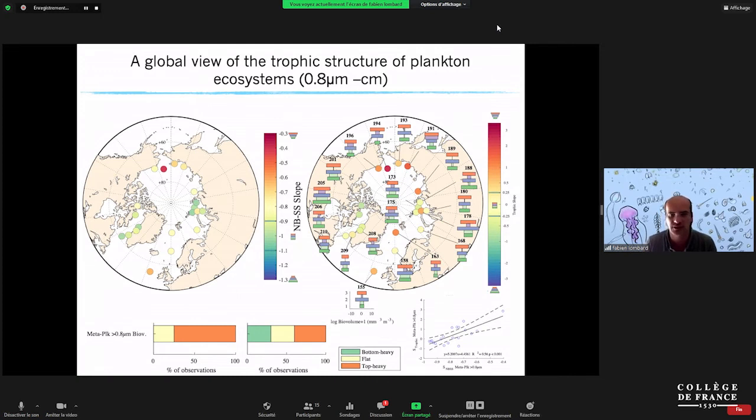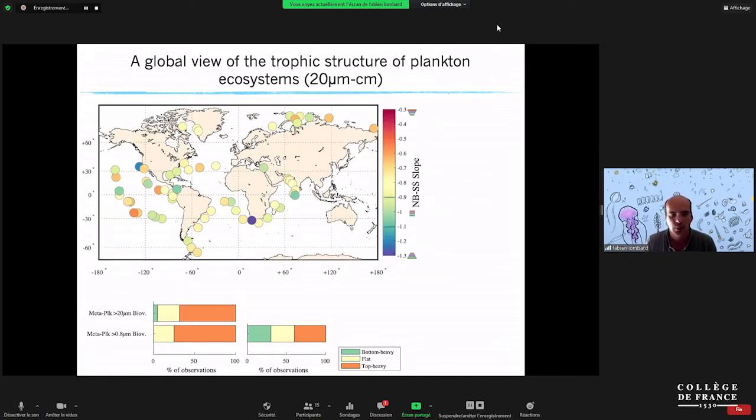When we look at higher scale for the rest of the Tara Ocean expedition, here we are only looking from 20 micrometers to centimeter size, because we don't have the full range of imaging devices that we were using in the polar ecosystem. But we get the same relationship when we look at the size structure.